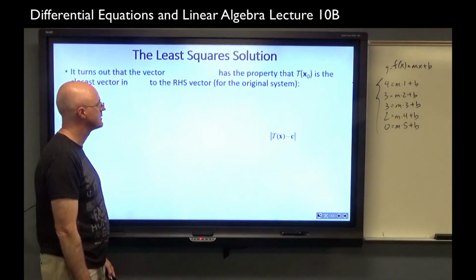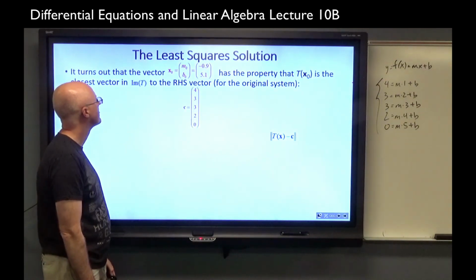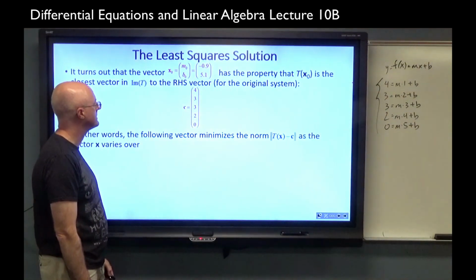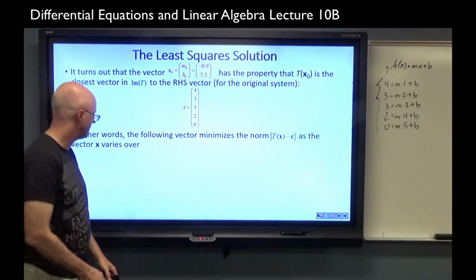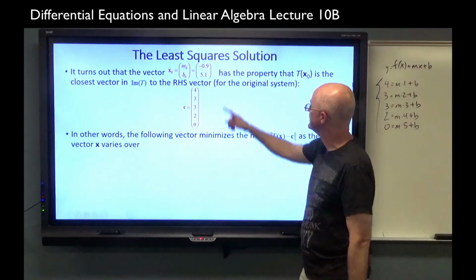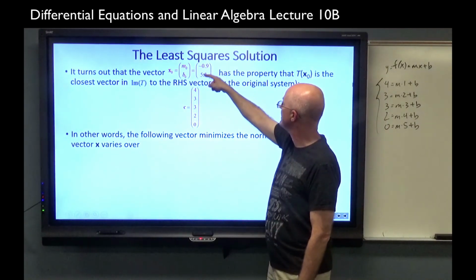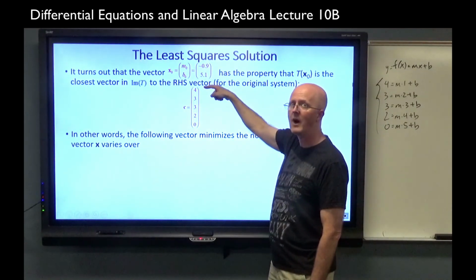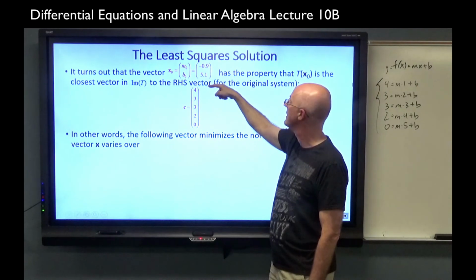What about the least squares solution? My students don't need to know this at the moment, but possibly near the end of the semester. Turns out that this vector, M0B0, is negative 0.95, 1. We've seen those numbers before.